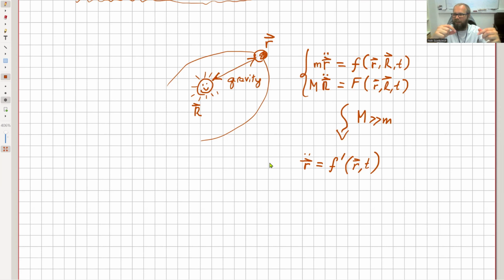On the level of equations, you just mimic it with maybe very complicated external forces. So this is the idea of external fields, external force fields, external potentials in classical mechanics.